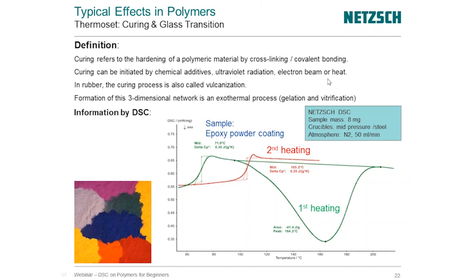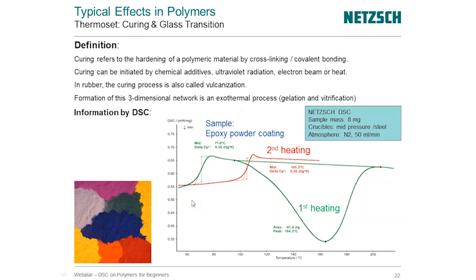Now, in rubbers, the curing process we generally refer to as vulcanization. It's the formation of this three-dimensional network, this cross-linked structure. It's an exothermal process, and it consists of basically two parts, gelation and vitrification. What we see here is an epoxy powder coating.